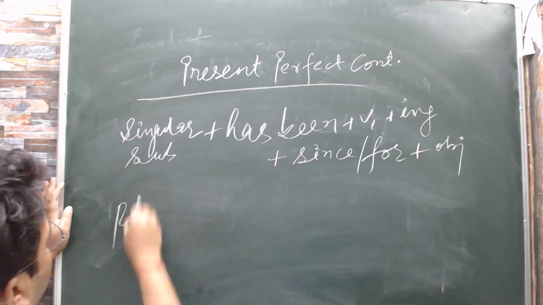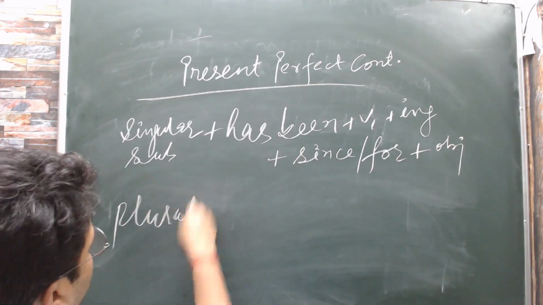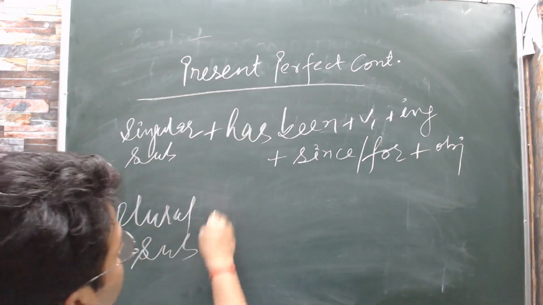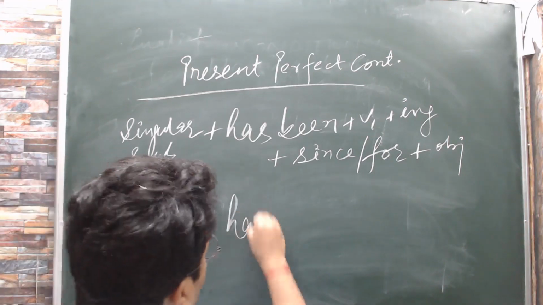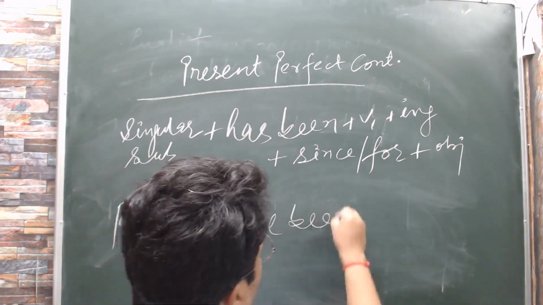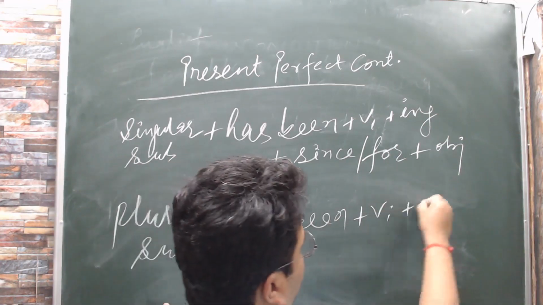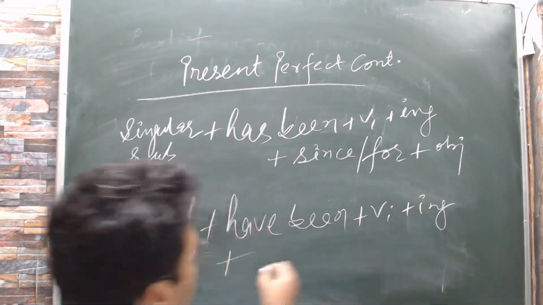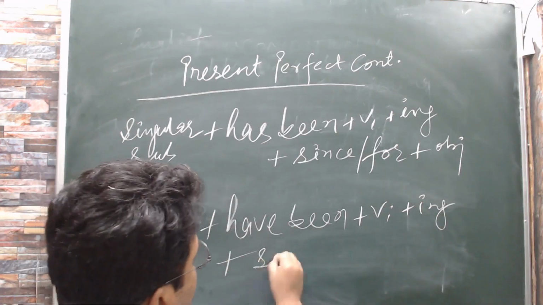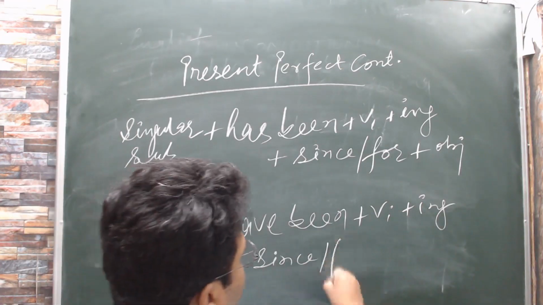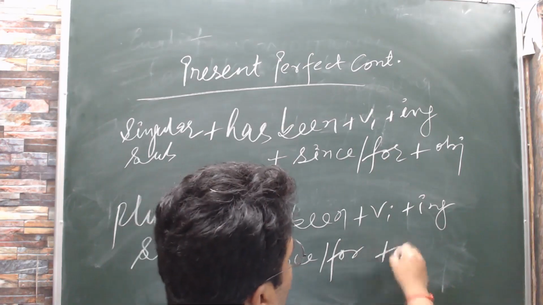Similarly, if we have a plural subject, we use have been plus verb first form plus ing, okay, and then since and for plus object.